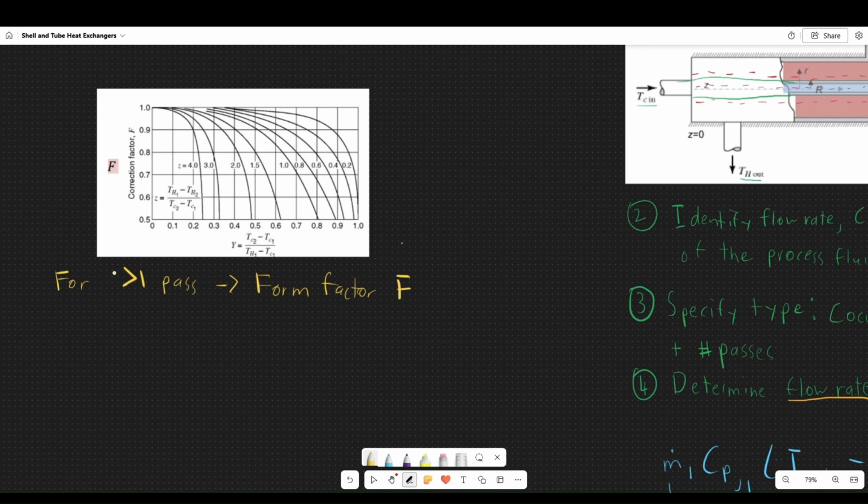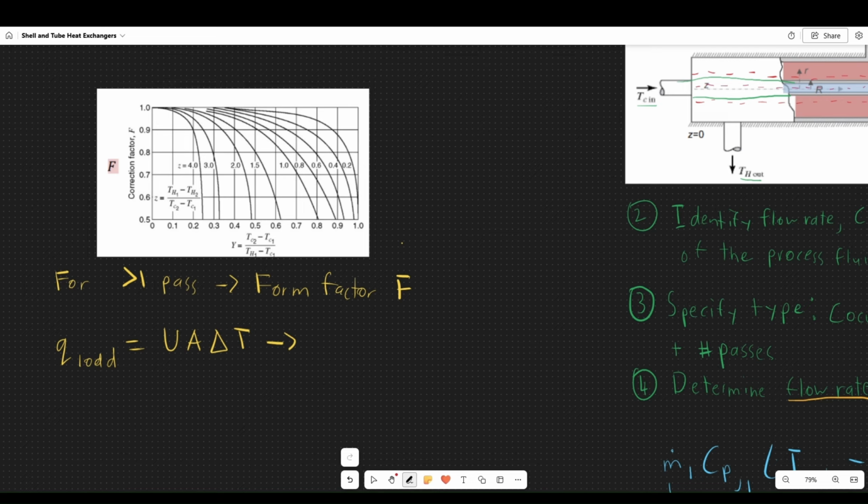And how that form factor comes into play is essentially when you're calculating that Q load. Q load was initially, right, UA delta T, correct?